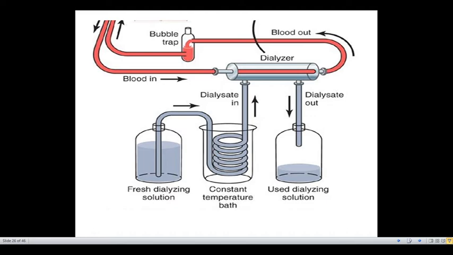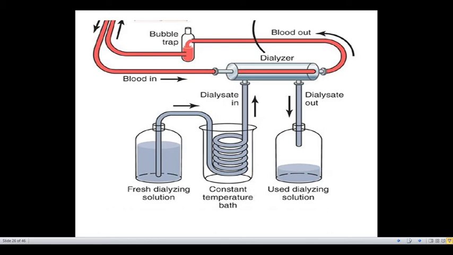The cellophane is porous enough to allow the constituents of the plasma, except the plasma proteins, to diffuse in both directions, as pointed out earlier, that is from plasma into the dialyzing fluid or from the dialyzing fluid back into the plasma.